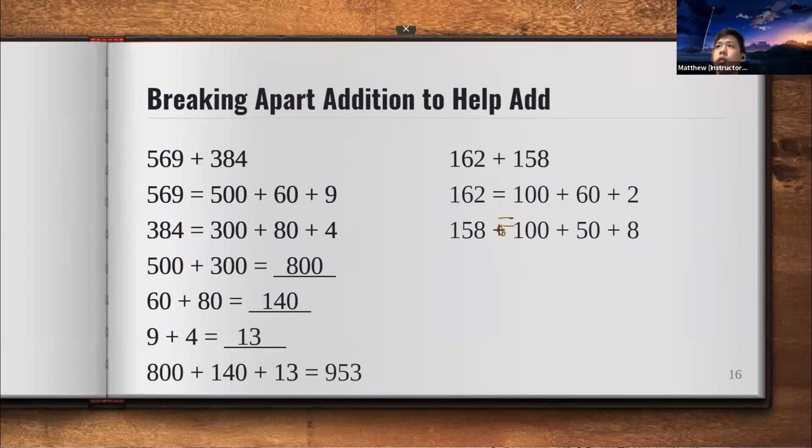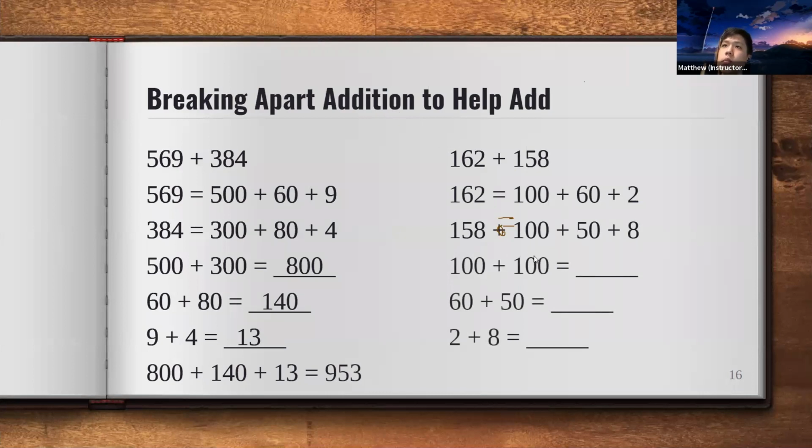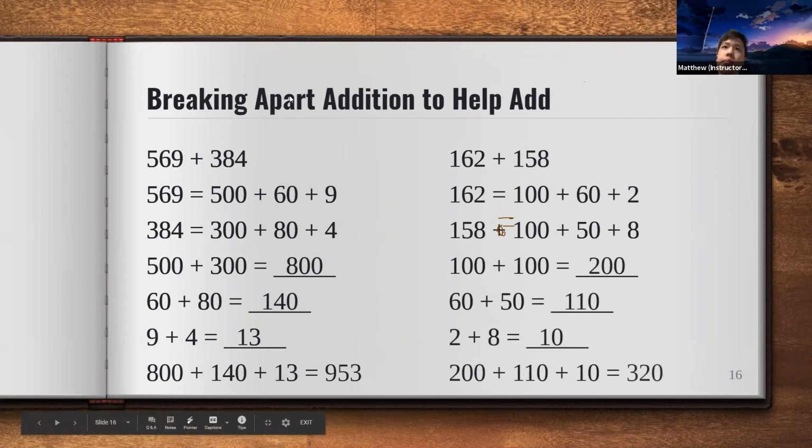But anyway, there we go. So it will be 100 plus 100, 60 plus 50, as I said, and 2 plus 8. So it will be 200 plus 110 plus 10. So the answer will be 320.